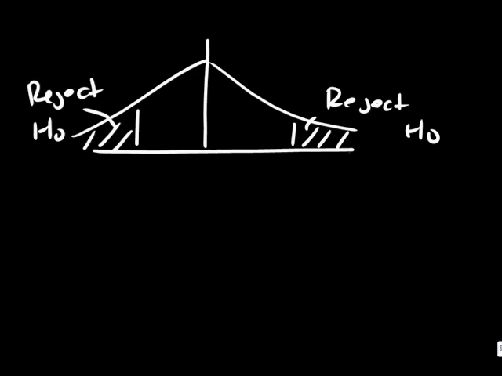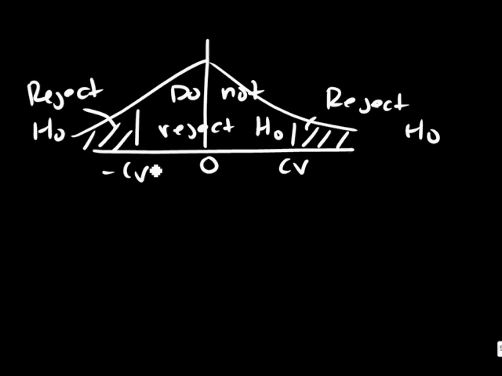Now alpha here is 1%, which implies that 99% is this non-shaded region, which means 49.5% is this right portion of the non-shaded region.